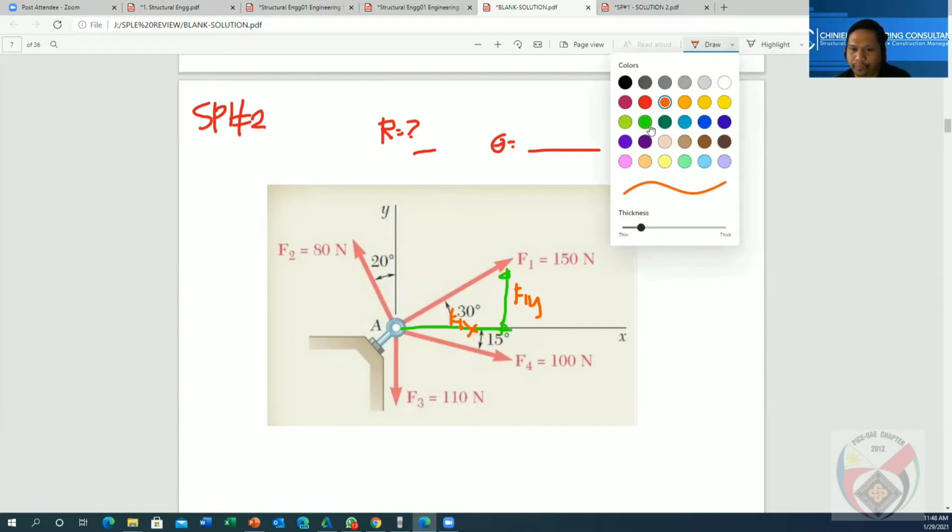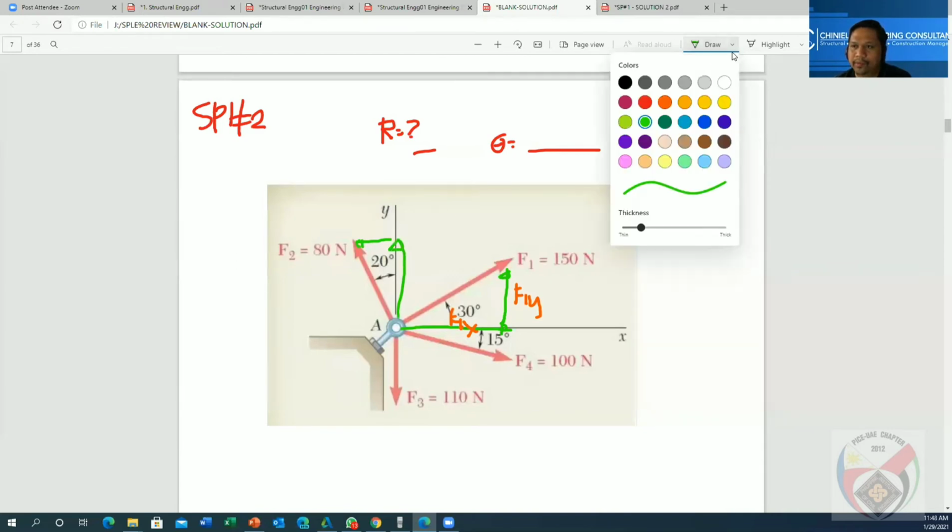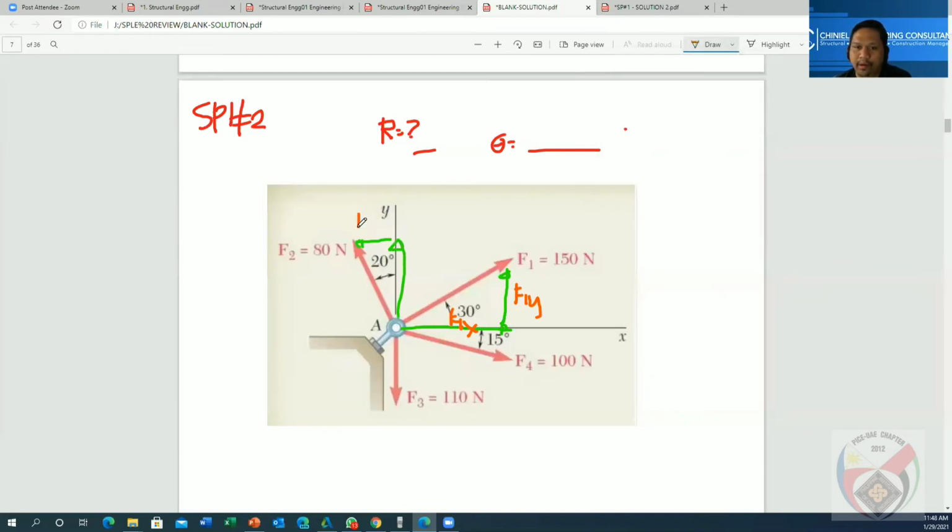Again dito, meron tayo ditong F2x and this is F2y.